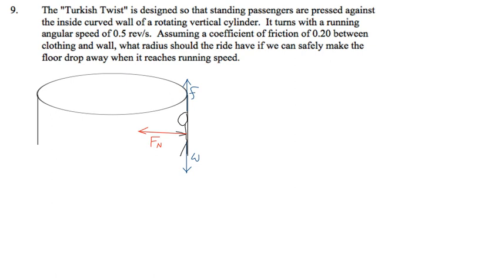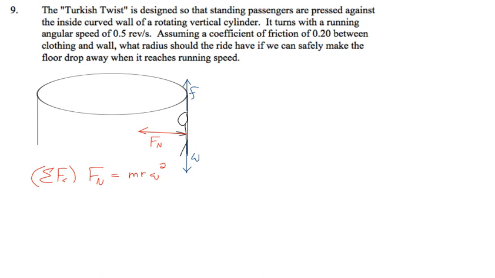So once I have that, then my descriptive equations. I'm going to sum up my centripetal forces, and the only force in the centripetal direction is the normal force. Now, I'm going to set that equal to either mv squared over r or mr omega squared. And I told you that if the radius is the unknown, in order to get the correct answer, you're going to use mr omega squared.